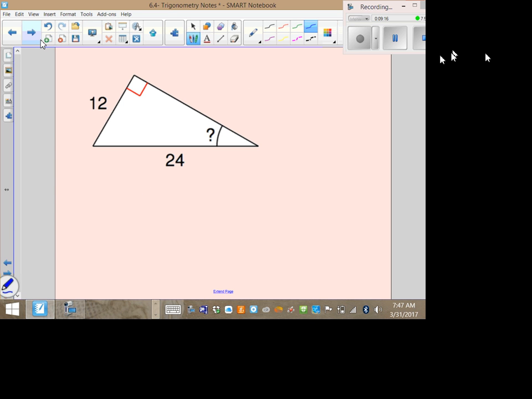Alright, again here now we're looking for our angle. Let's call that our angle x. This note here is our 90-degree angle, so across from that is our hypotenuse. And then across from our angle here is our opposite. So again, SOHCAHTOA. I have my hypotenuse and my opposite, so I'm going to use sine.